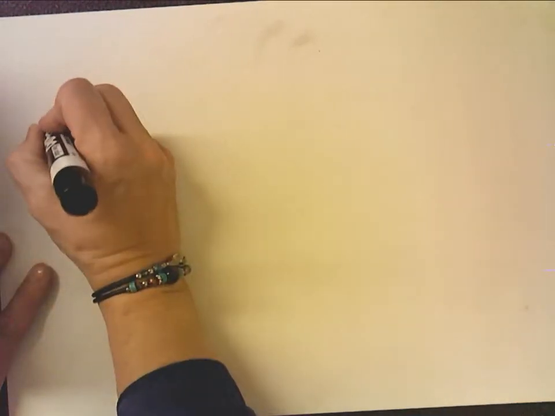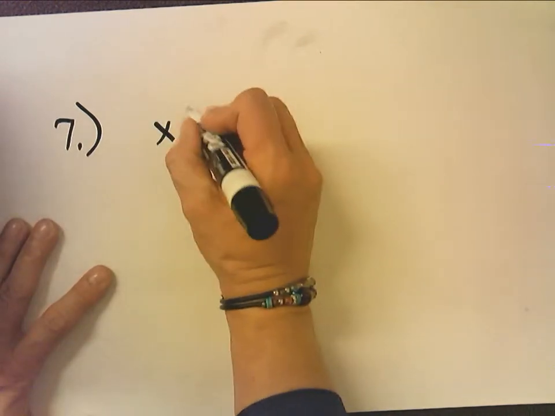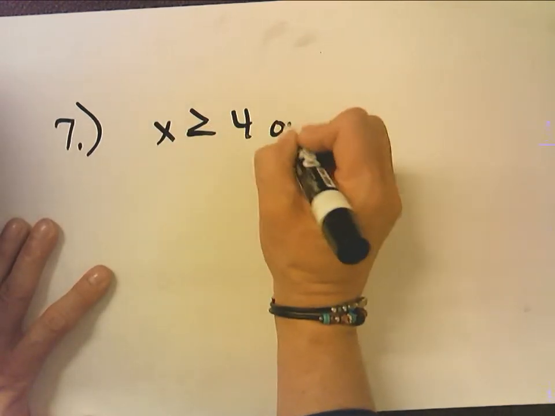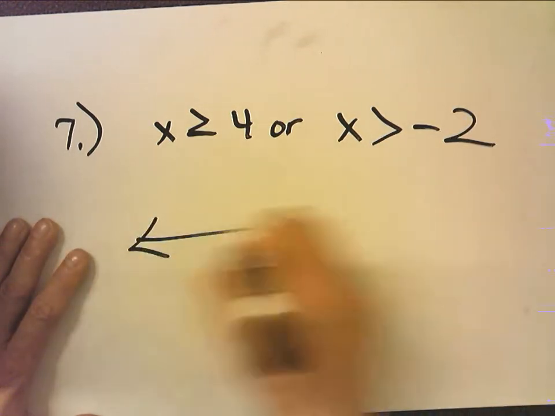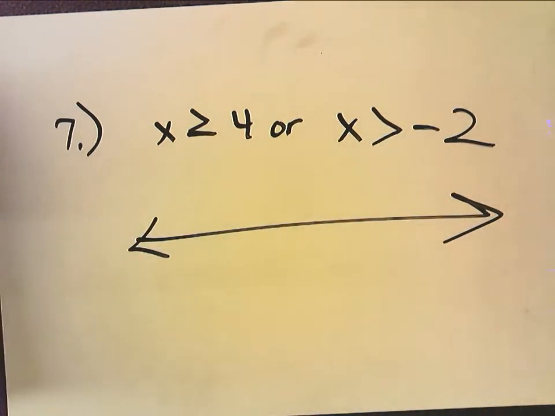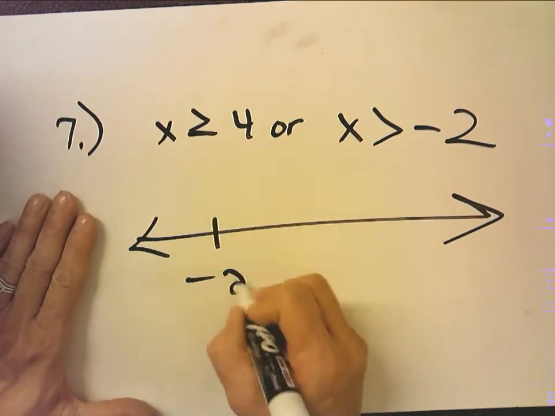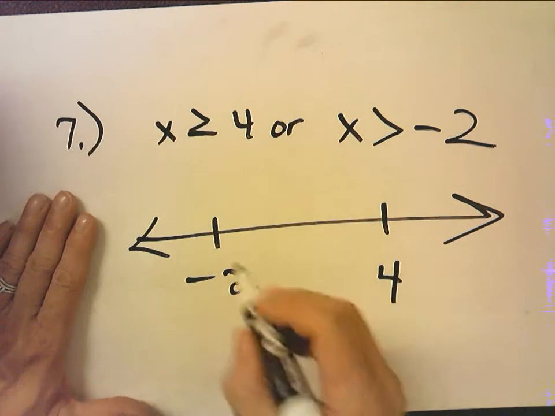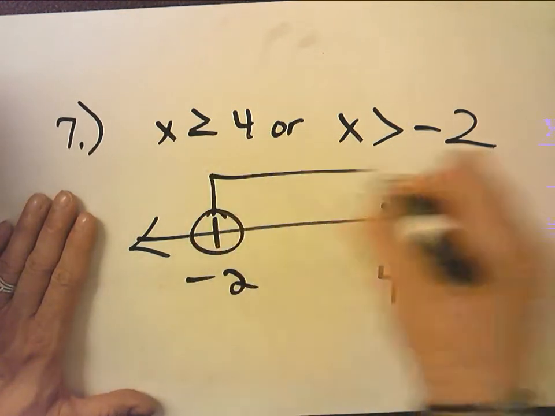Okay. Now, number 7, it simplifies to x is greater than or equal to 4, or x is greater than negative 2. So now this is an or, so we're not looking for the overlap, we're looking for the union. So negative 2, 4. We are looking for the answer that includes the most, because or is inclusive.